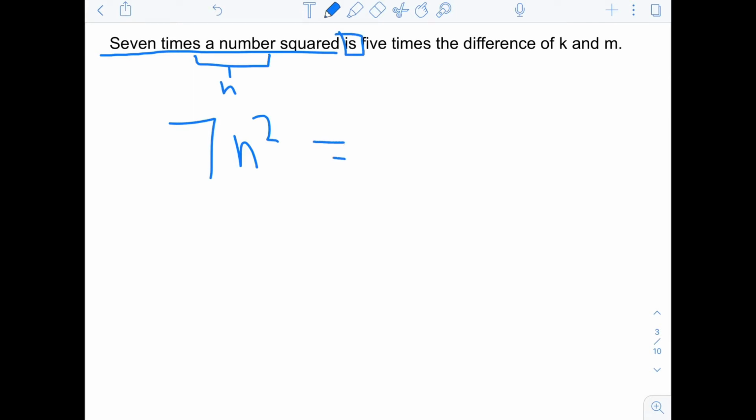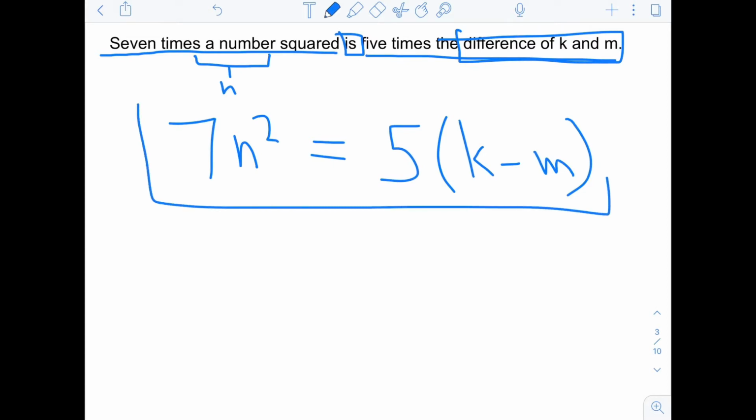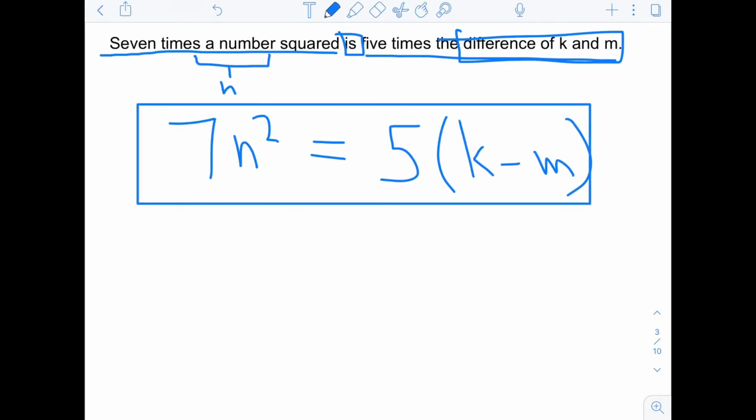Just like 1 plus 1 is 2 is the same thing as 1 plus 1 equals 2. It is 5 times the difference of k and m. The difference of k and m is k minus m, because difference means subtraction. And it's 5 times that, so we do 5 times all of that. And that's all. We have 7n squared equals 5 times k minus m.